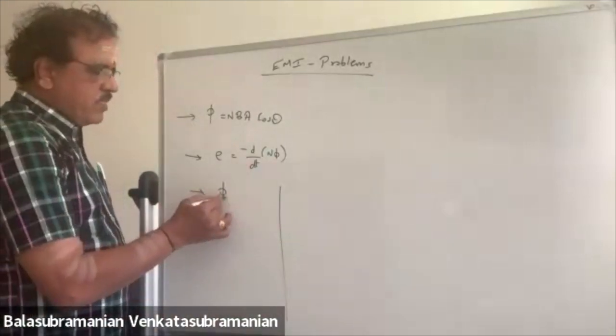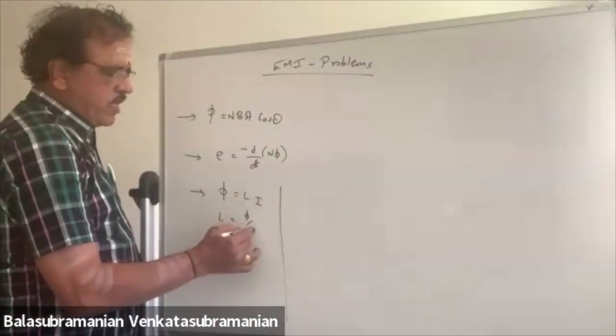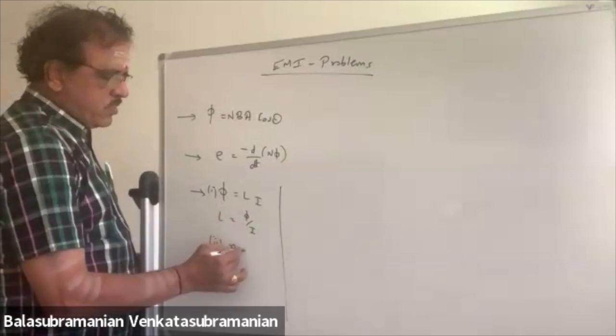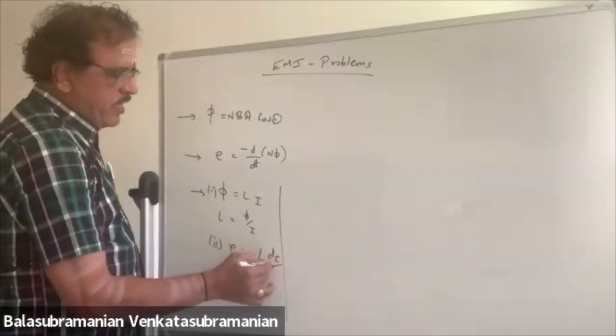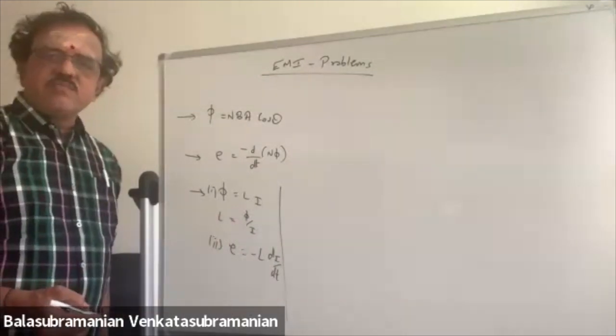Self-induction: phi is equal to Li, L is equal to phi by I. Another formula, E is equal to minus L into di by dt. From that, L can be calculated.